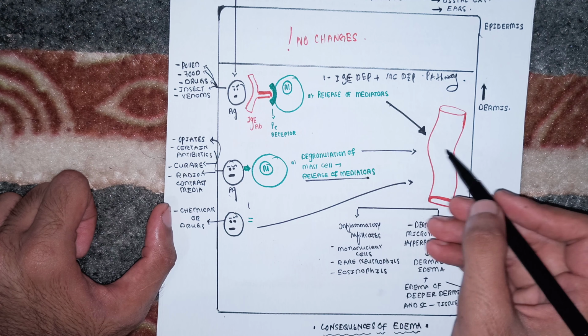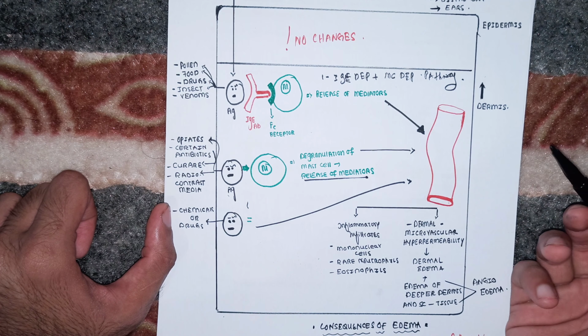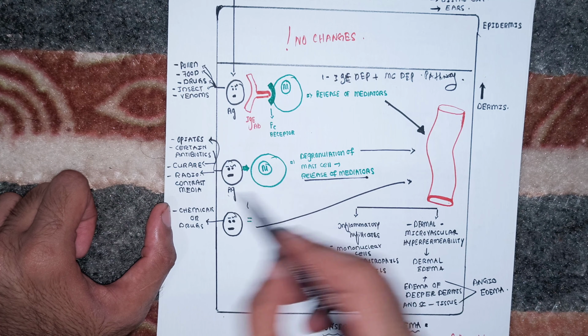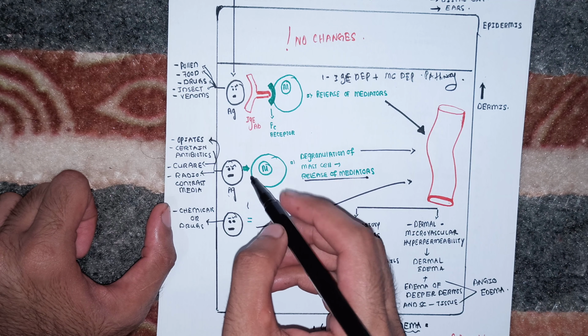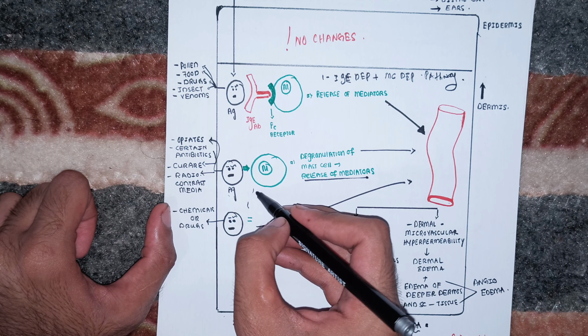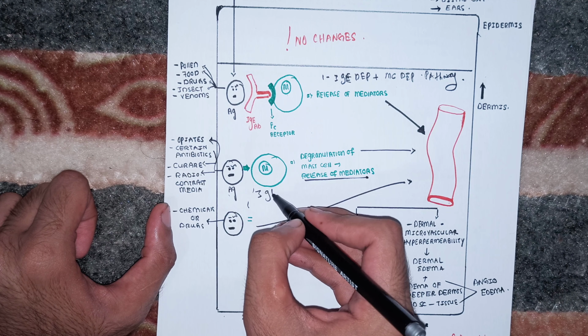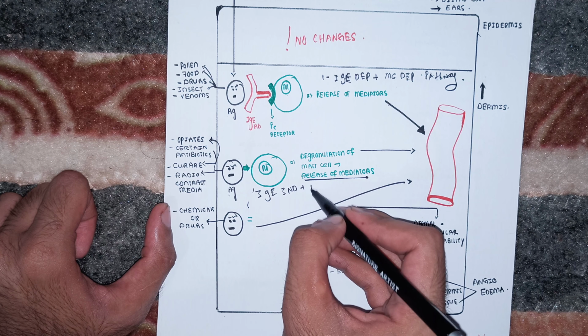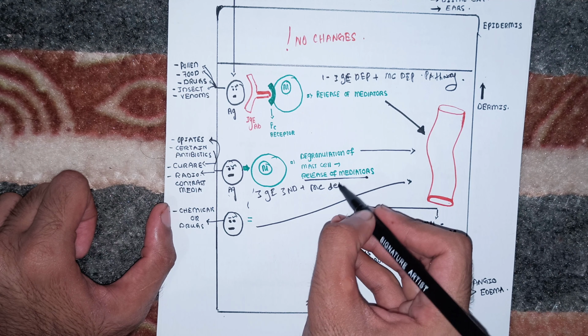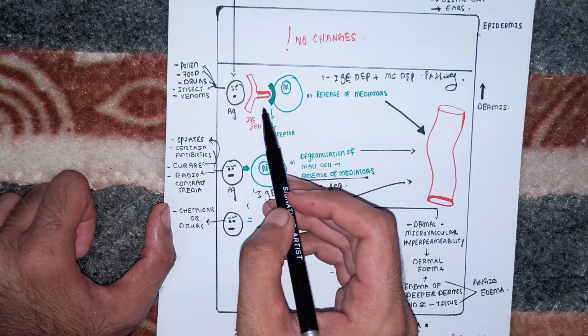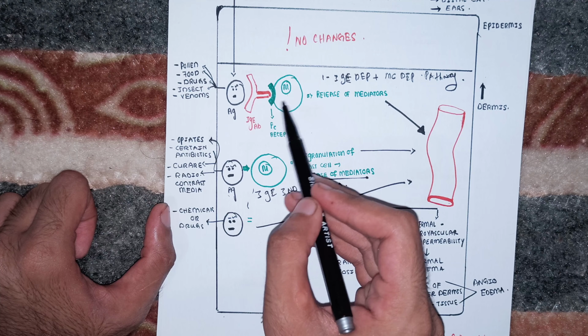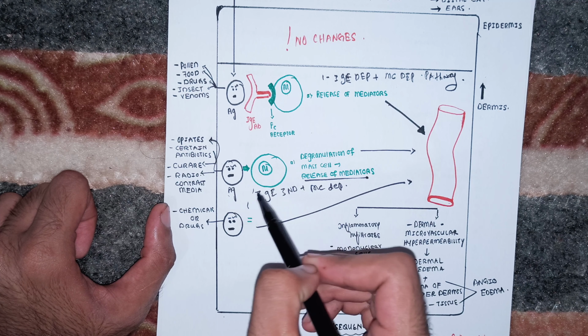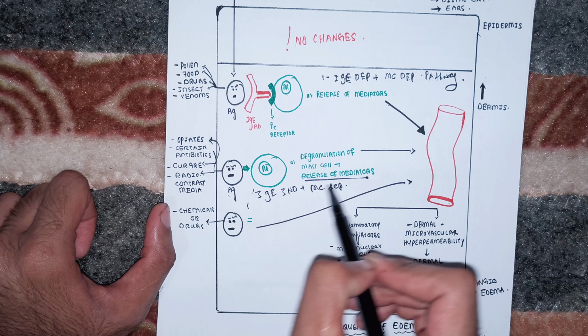And these mediators again act on the blood vessel the same way. What should this pathway be called as? Is it IgE dependent? No, it should be called as IgE independent plus mast cell dependent pathway. This was IgE dependent plus mast cell dependent pathway. This is IgE independent and mast cell dependent pathway.